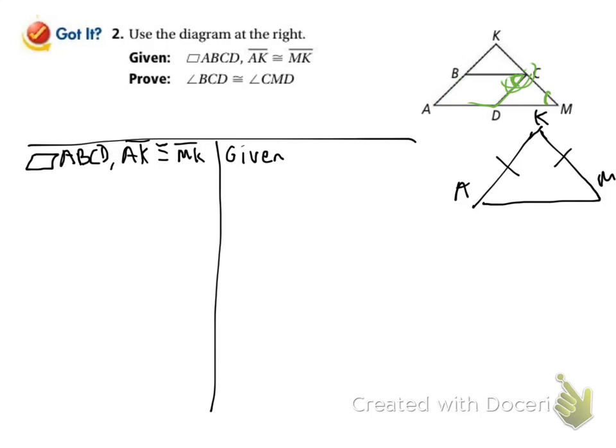So that's my plan. Let me show you how we do that. So looking at this triangle, what kind of triangle is it? It's an isosceles triangle. And I know that if the legs are congruent, then the angles are congruent. So I can say that angle A is congruent to angle M by the isosceles triangle theorem.